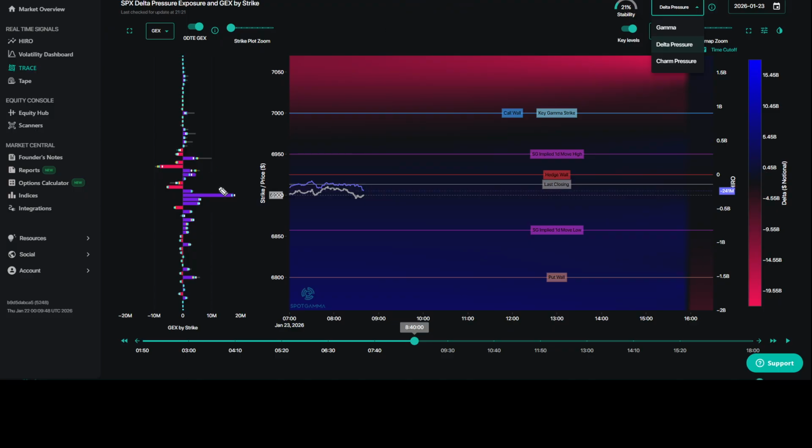In this case, gamma is the most important ladder in all the histogram for the Gex level.